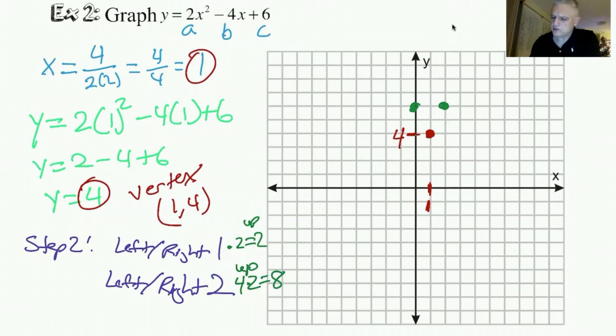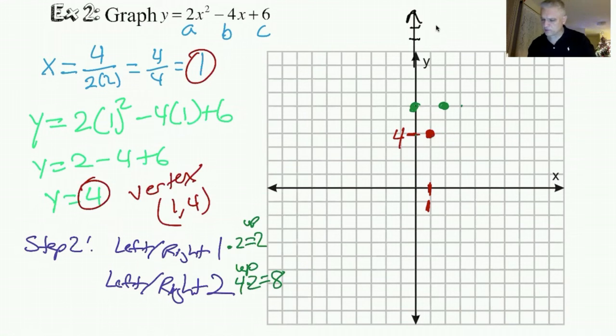So I start at my vertex, I go 2 to the right, and then I'm going to go up 8. 1, 2, 3, 4, 5, 6. Okay, I got to go up 2 more. So I'm going to extend my y-axis up just a couple of more units, so that I can fit in what I was hoping to fit in, which was going right 2 and then up 8.